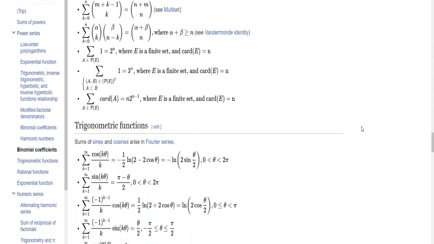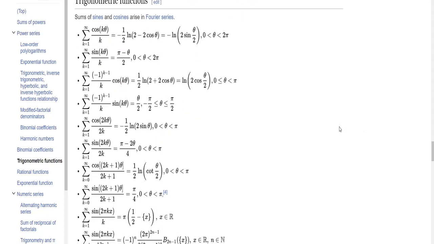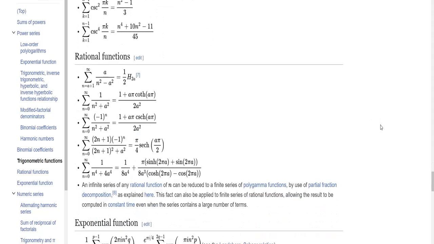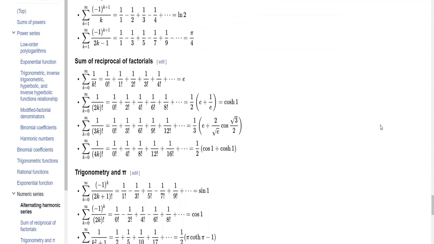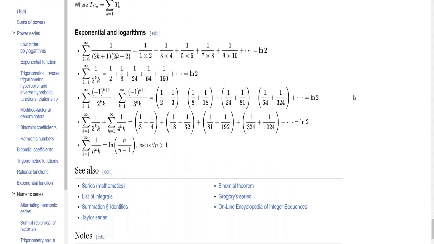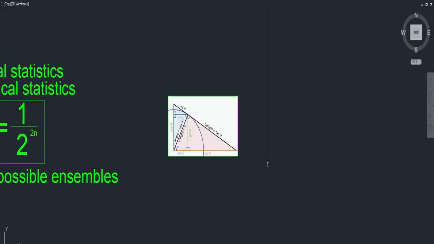And you will see wherever there are series expansions, then we find 2 to the power 2n or 4 to the power n. These are very common in our statistical calculations. We will discuss these things and the reason that lies behind these kind of conditions.